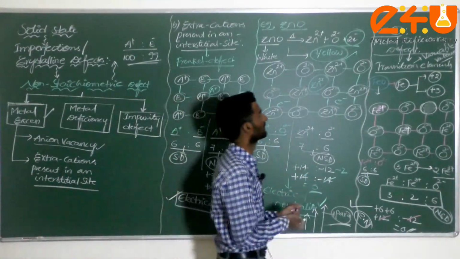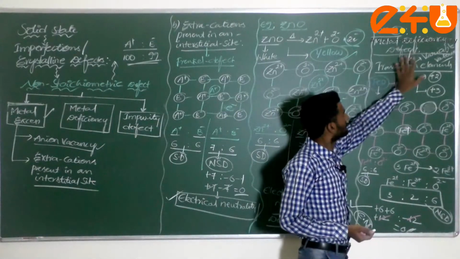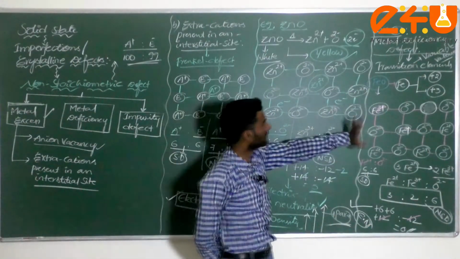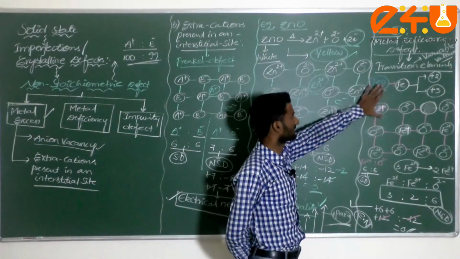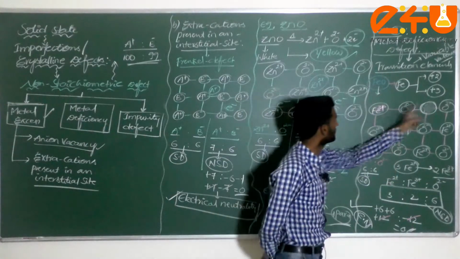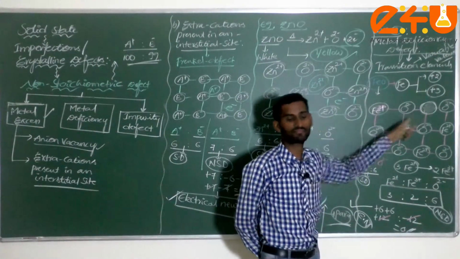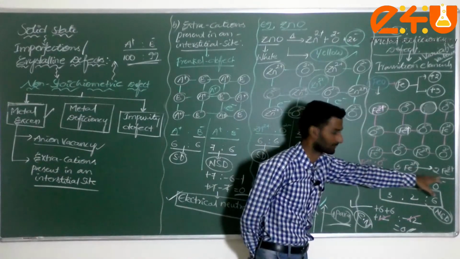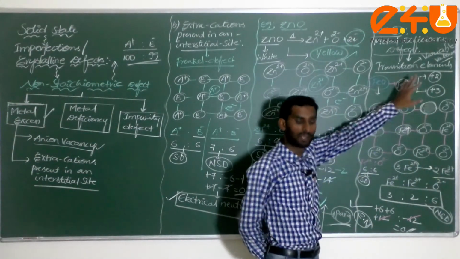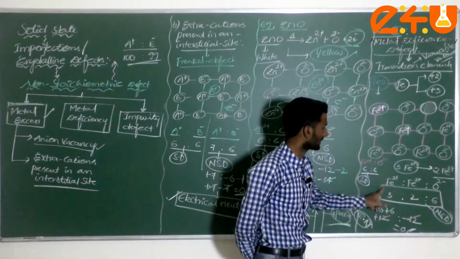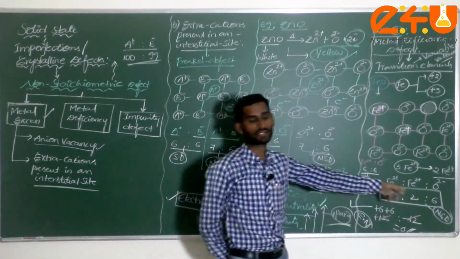Such a type of defect is called, dear student, metal deficiency defect. Simply, in that particular crystalline lattice of FeO, I removed 3 Fe2+ ions, 1, 2, 3. In place of 3 Fe2+, I added 2 Fe3+ ions. Correct or not? Higher valency is replacing lower valency, so the ratio of cations and anions will be different.